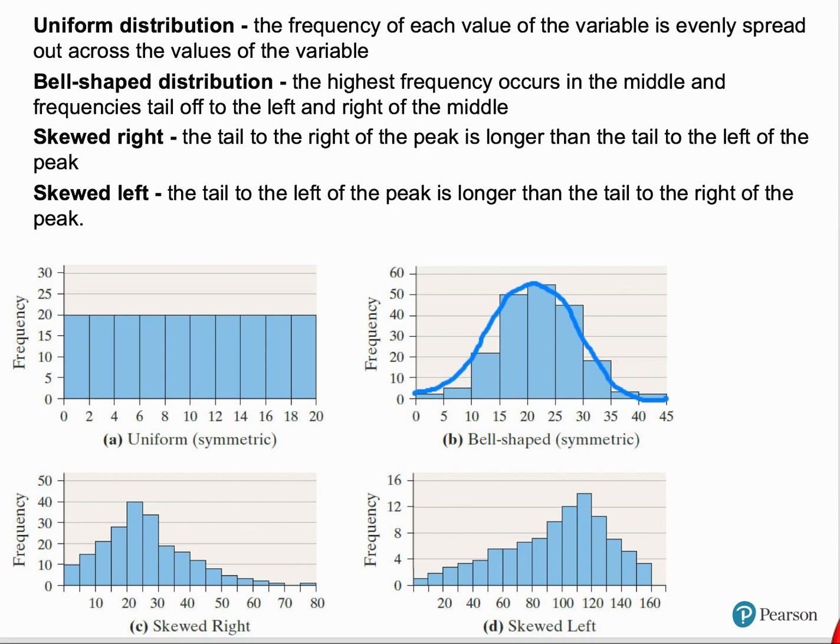So both of these are considered symmetric, but one's uniform, one's bell-shaped. This one is skewed to the right because it's got a tail that goes off to the right farther than the left. This one is skewed to the left because its tail is pulled off to the left.